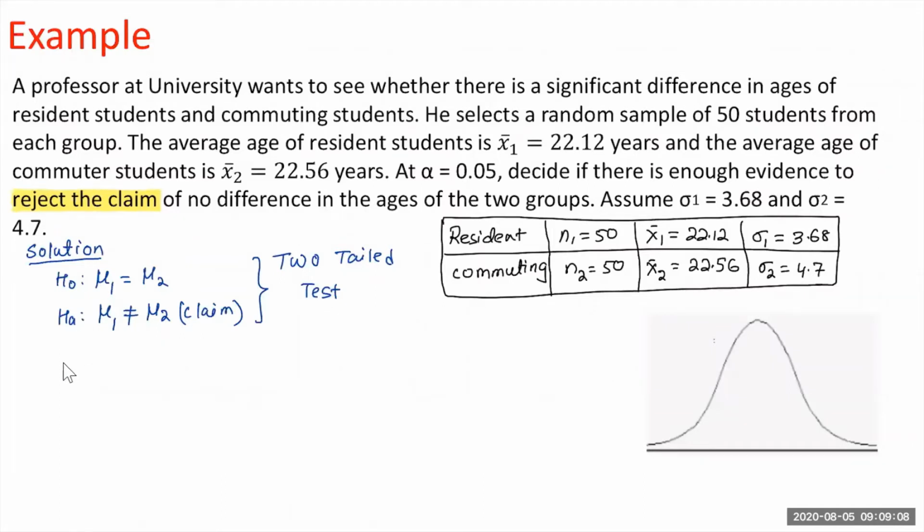Now, in second step, what we are going to do is calculate the test statistic. In this case, because the population standard deviations are known, we are using the z-test.